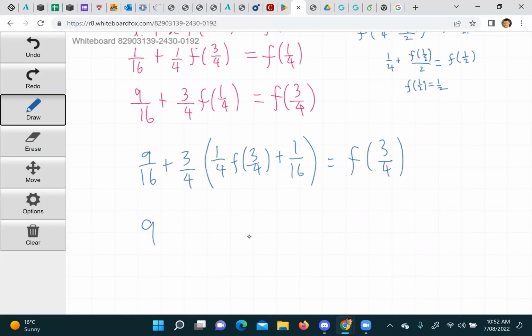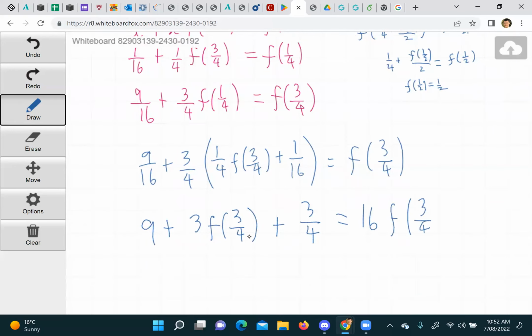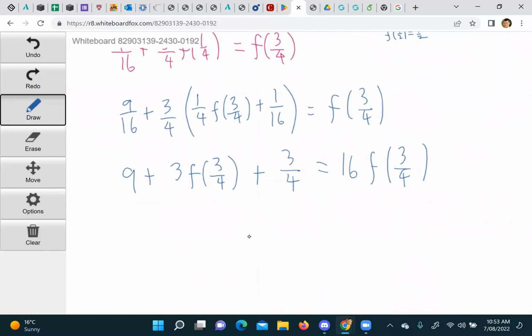I'll times everything by 16: 9 + 3 f(3/4) + 3/4 = 16 f(3/4). Then 13 f(3/4) = 9 + 3/4.